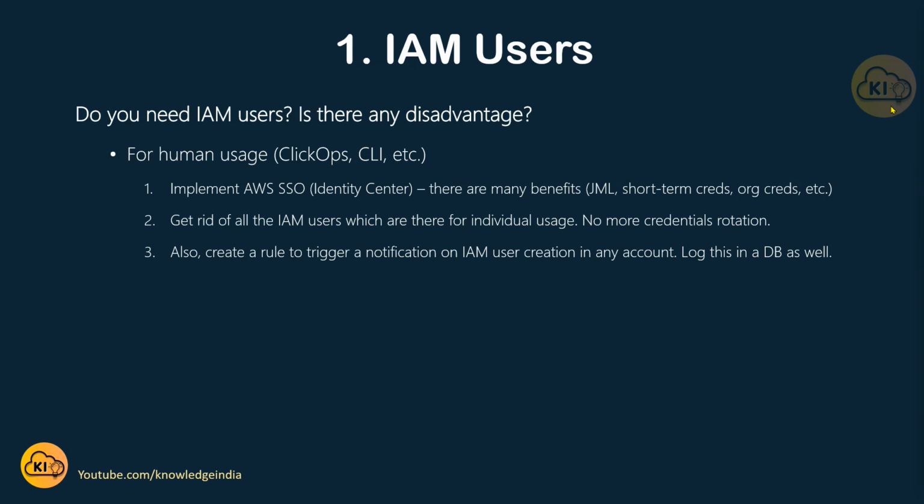You can send this notification to a core team which further analyzes why somebody has created an IAM user. You can also log this information into a database. Just write a Lambda function, put this entry into a database, and use that database to showcase when and all the different IAM users got created. It will also help you to investigate things. So human usage you have handled.